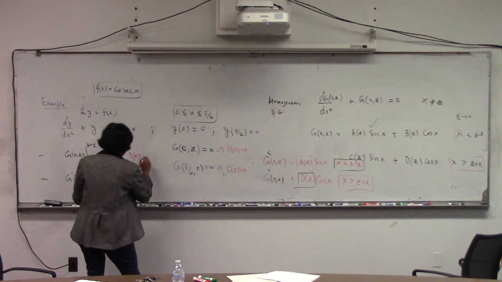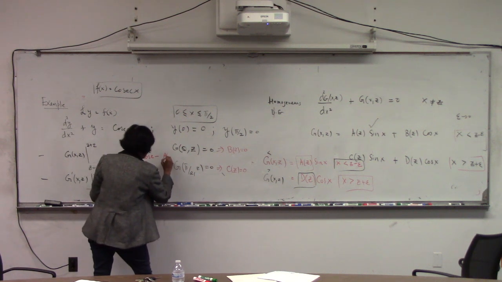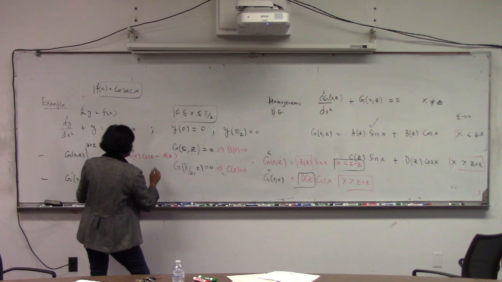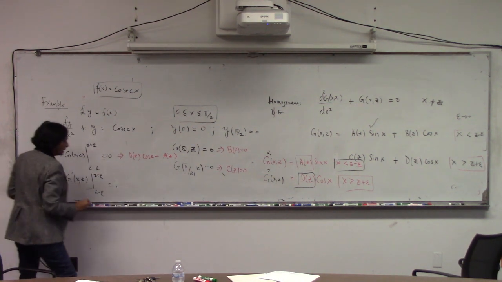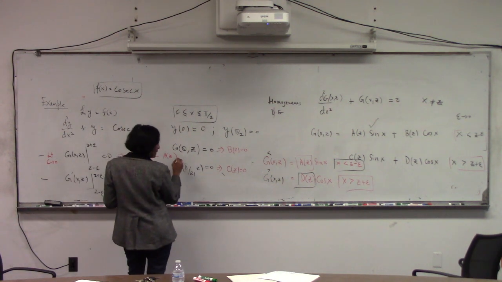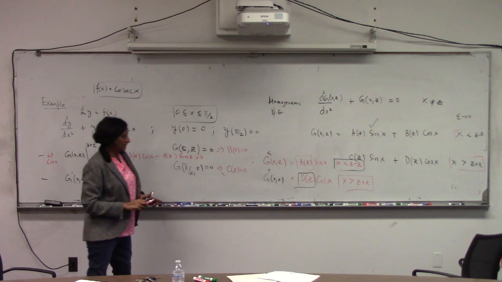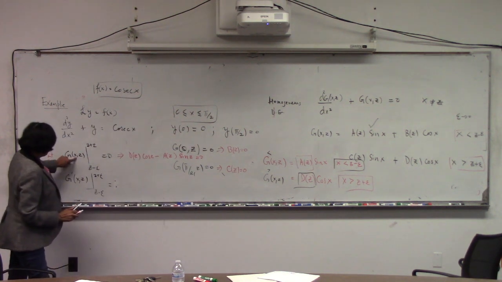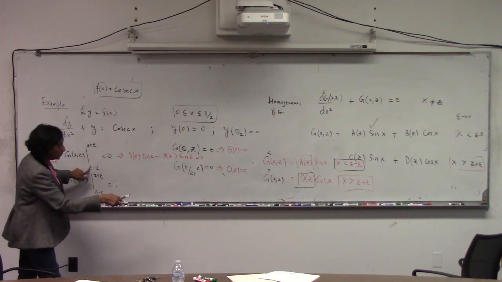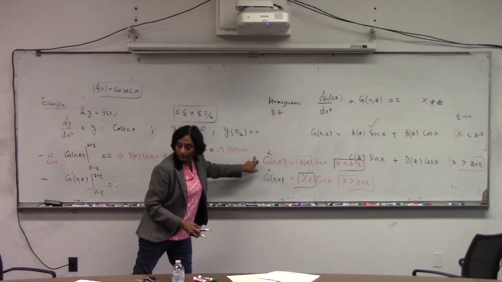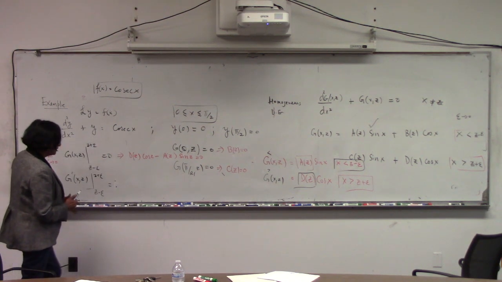So dz cosine of z minus az sine z equal to 0, with epsilon becoming 0. Is this clear? Value of g at the upper limit is the second one, and the value of g at the lower limit is this one. We have to pick these things correctly, otherwise we'll get the incorrect thing.